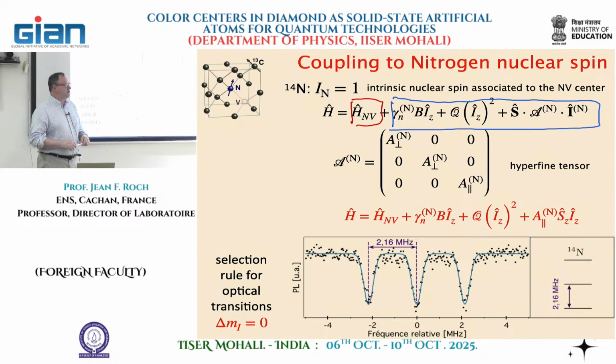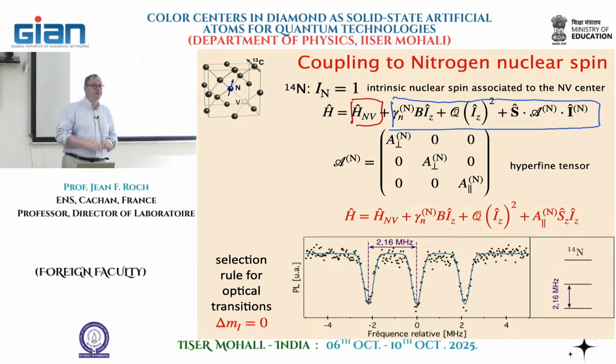For spin 1, you have this term, but that can be integrated in the full Hamiltonian, as we will see. It's just a shift of all these levels.